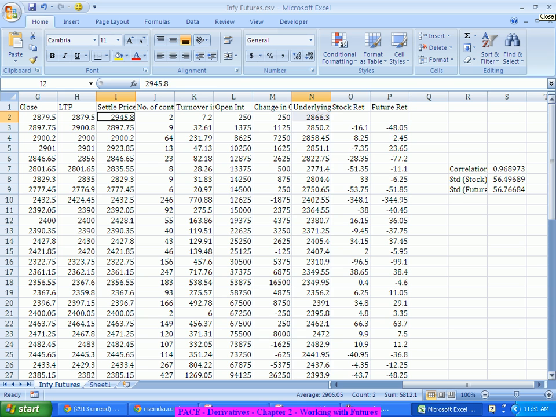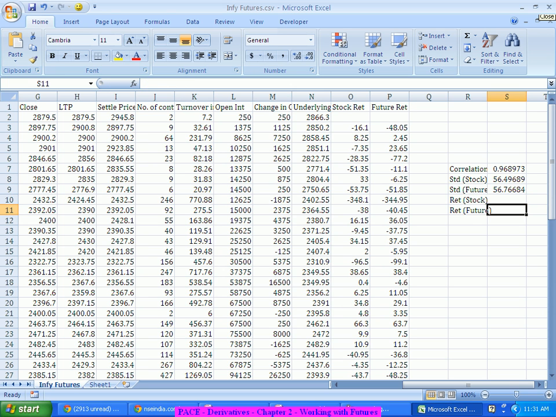So now, when I say the average return of stock, return on future. Okay.